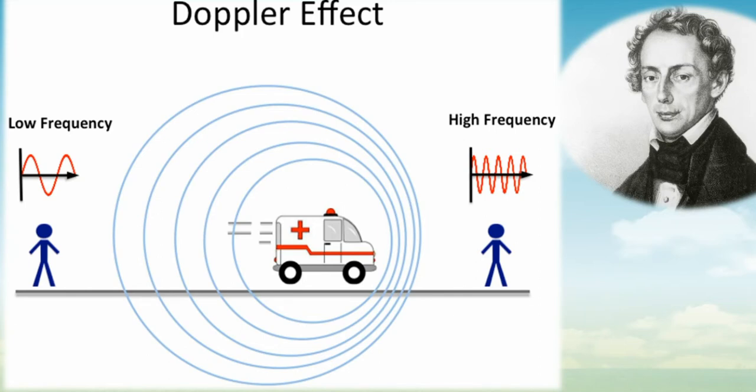For example, if the source is moving towards a stationary observer, or if both the source and observer are moving, in the same direction or in opposite directions, then what happens to the frequency measured by that observer? So this is all about the Doppler effect. That is why I told you it plays a very important role. So let us see the definition of the Doppler effect.